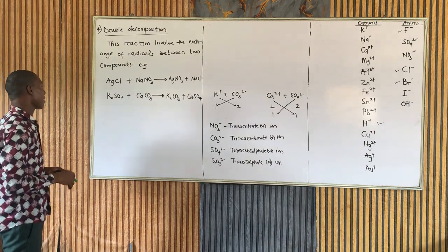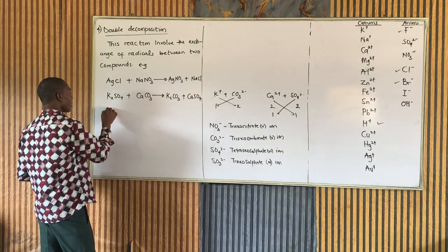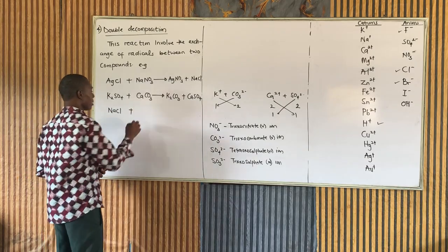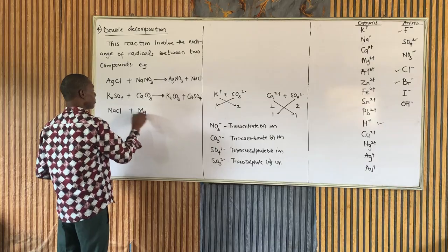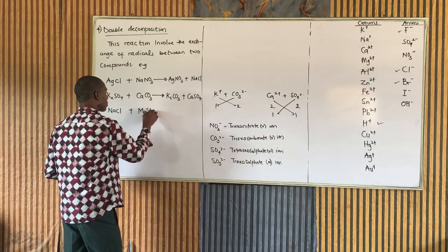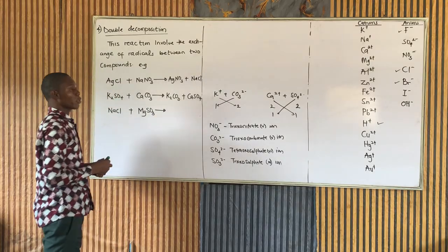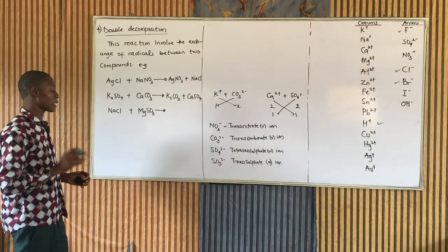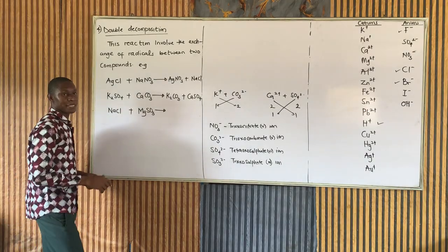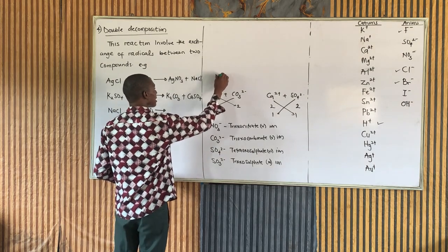Let's take another illustration. Let's say we have NaCl plus magnesium trioxosulfate 4, sorry, trioxosulfate 4, not trioxosulfate 5. That's a mistake. Now, sodium is coming to combine with the SO3. And how will it look like if you do this carefully?